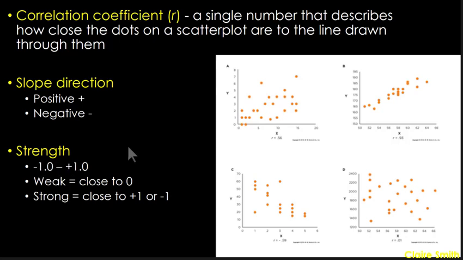Okay, so it's from either -1 to +1. If it's weak, it's going to be close to 0. So something like this would have an R value, see it says here, of 0.01. So that's very close to 0, saying that the slope here probably is pretty flat, which means that there's not good reliability. Something like this, what does it say? R equals 0.93. So that's really close to 1.